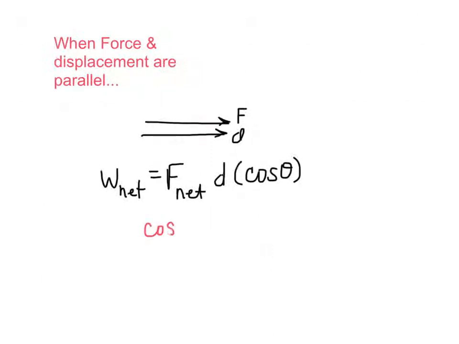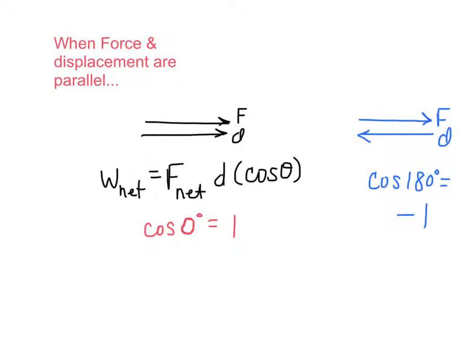And the cosine of theta, when theta is 0, the cosine of 0 equals 1. So we get our absolute maximum amount of work that can happen here. It's just simply force times distance, because the cosine of theta will be 1.